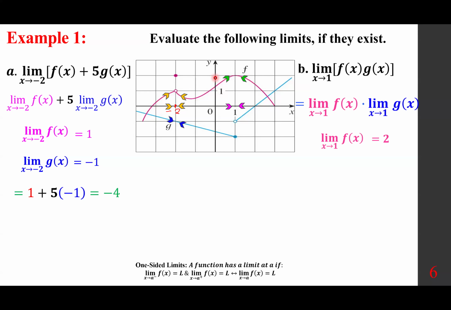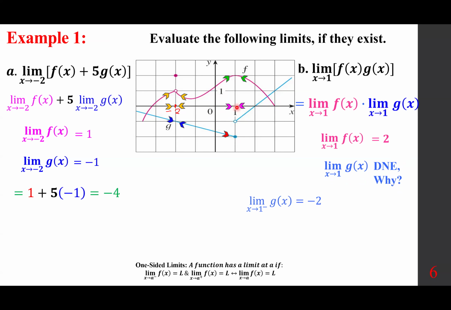Let's look at the limit of g of x as x approaches 1, and that one does not exist. DNE, does not exist. Why is that? Well, as we approach 1 from the left, we are in this branch moving us towards this point, which has the y-coordinate negative 2.